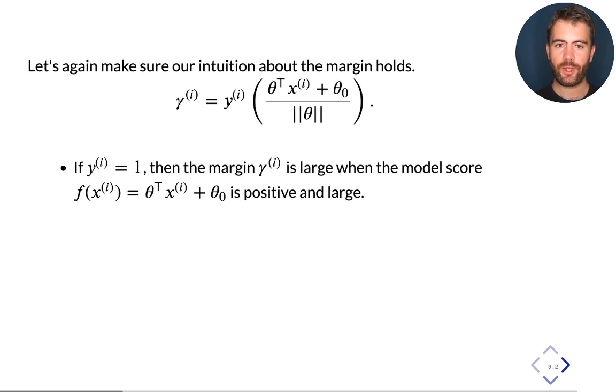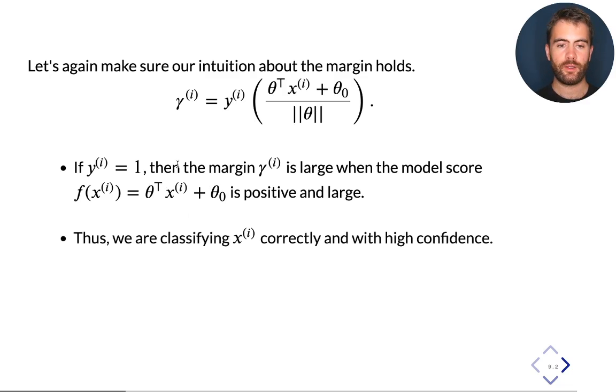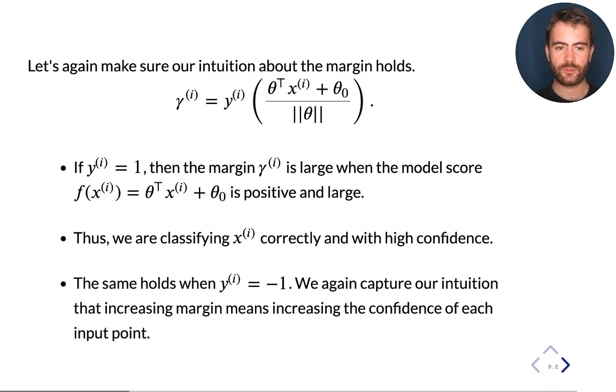Again, let's verify that our intuition about the margin holds. If y is positive, then this value will be maximized by a model score that is positive and large, and therefore we're classifying x correctly and with high confidence. And if it has high confidence, it means that it's far from the boundary. So this matches our intuition, and it's easy to check that when y is equal to -1, the same intuition holds. And so our previous intuition holds for this formula as well.